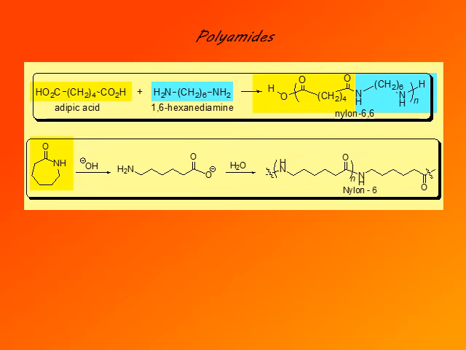We carry out ring opening with a base, and that produces carboxylate anion, so amine and carboxylate anion. And upon addition of water and heating, this will polymerize into nylon polymer. Since this nylon polymer contains only one monomer, then it's designated with a single number. So this is nylon 6 because starting monomer contained only 6 carbon atoms.